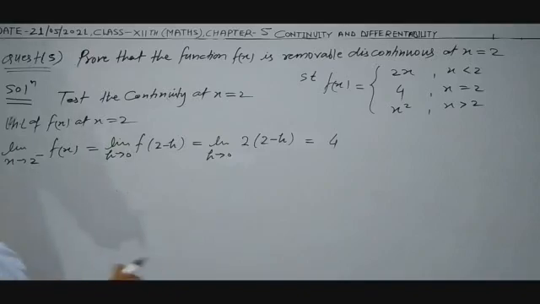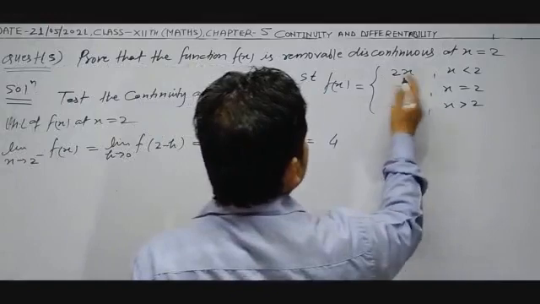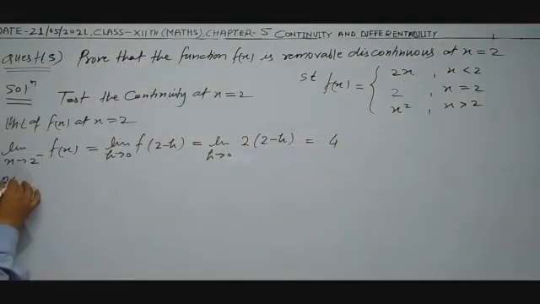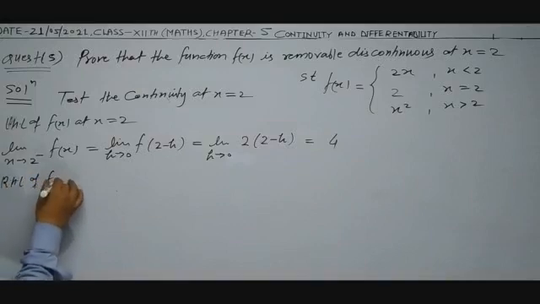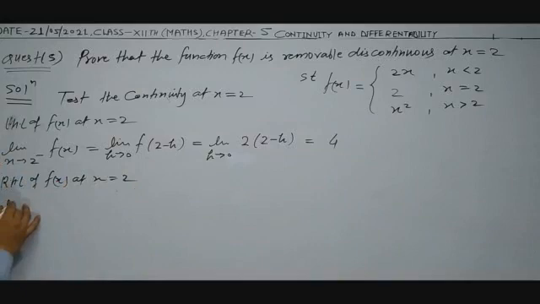So right hand limit, this will be 2. This is a mistake, 2. So right hand limit, RHL of f(x) at x equals 2.